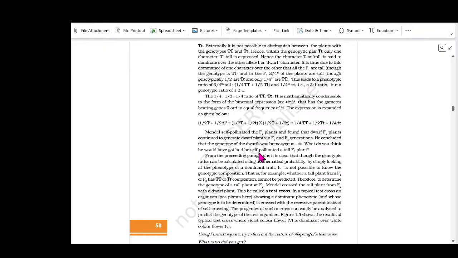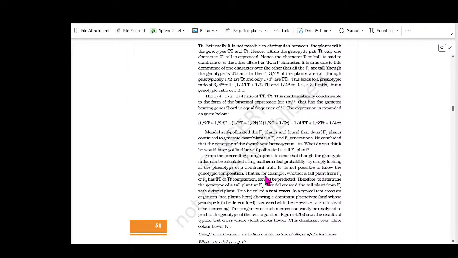What do you think he would have got had he self-pollinated a tall F2 plant? From the preceding paragraphs, it is clear that though the genotype ratios can be calculated using mathematical probability, by simply looking at the phenotype of a dominant trait, it is not possible to know the genotype composition.